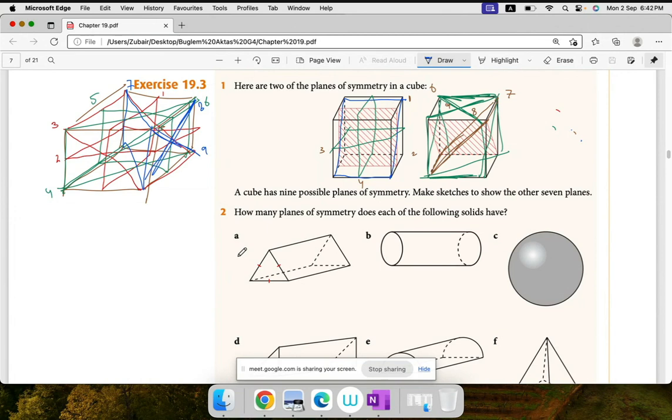Okay, so C part is a sphere, and that again would be infinite.